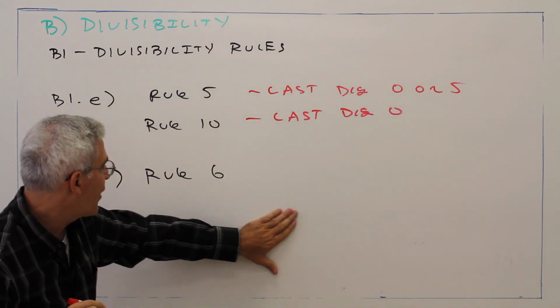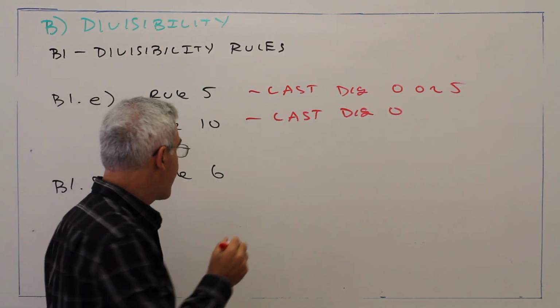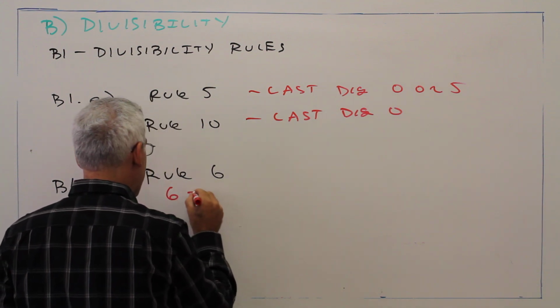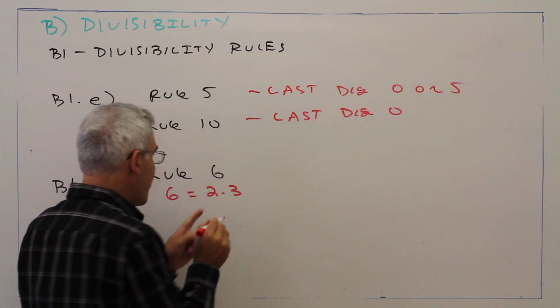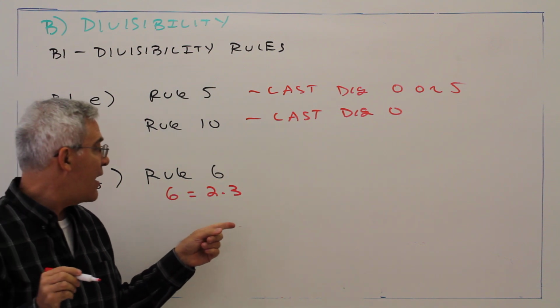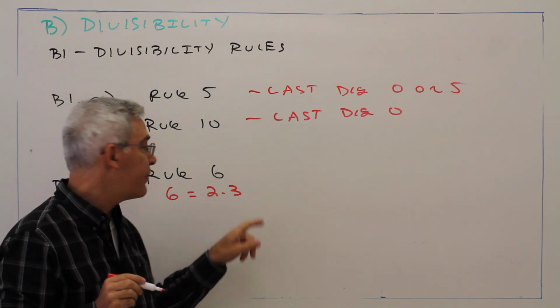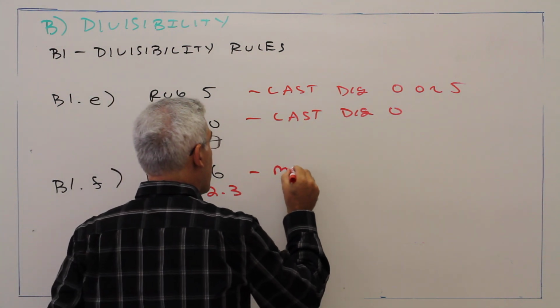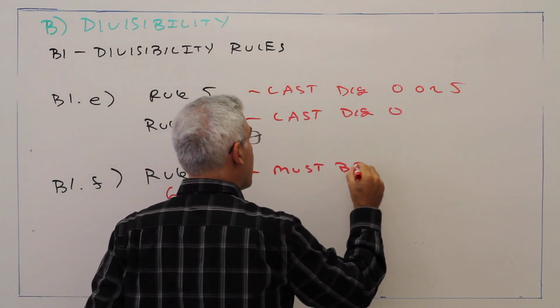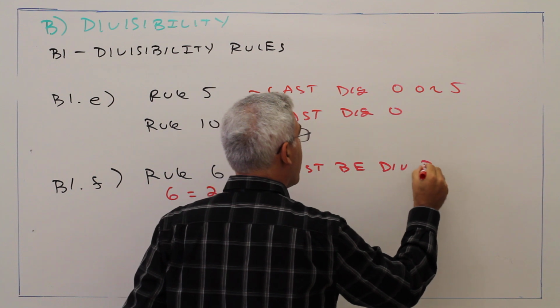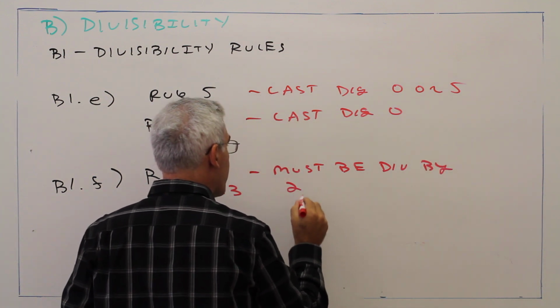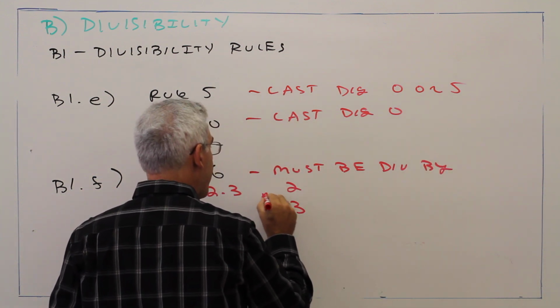I'll do the rule for 6 first. So for the rule for 6, since 6 equals 2 times 3, it's got to meet the divisibility rules for 2 and 3 at the same time. So must be divisible by 2 and 3.